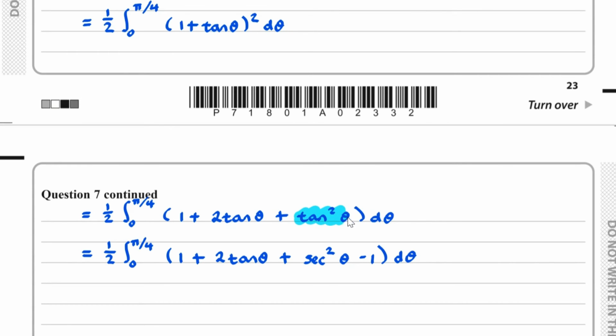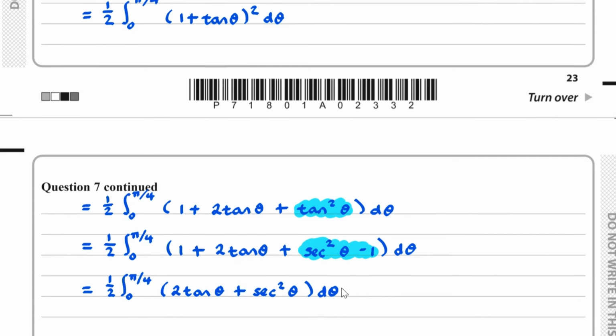So here we've recognised that tan squared is the same as sec squared minus 1. And the 1 and the minus 1 simplify to 0. So we've got 1/2 times the integral from 0 to pi over 4 of 2 tan theta plus sec squared theta d theta.